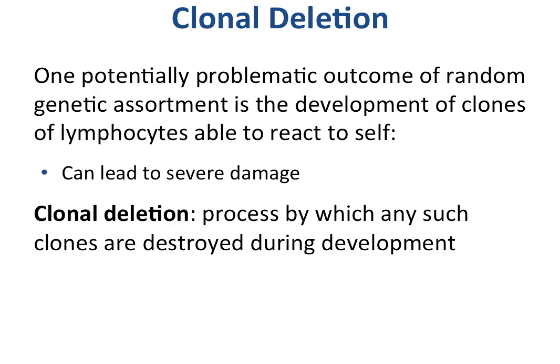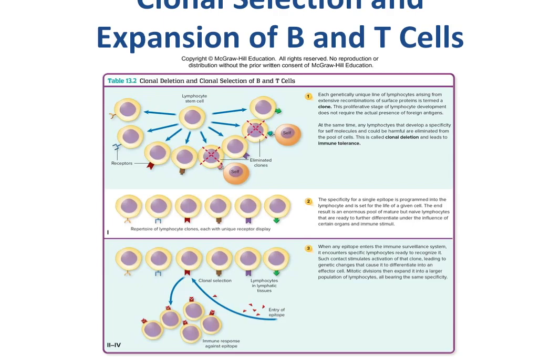So our body uses clonal deletion to eliminate those T cells and B cells, to eliminate those clones. Here we can see, for example, this is T cells. Once the T cells, the lymphocytes, mature, they accept all kinds of antigen receptors.